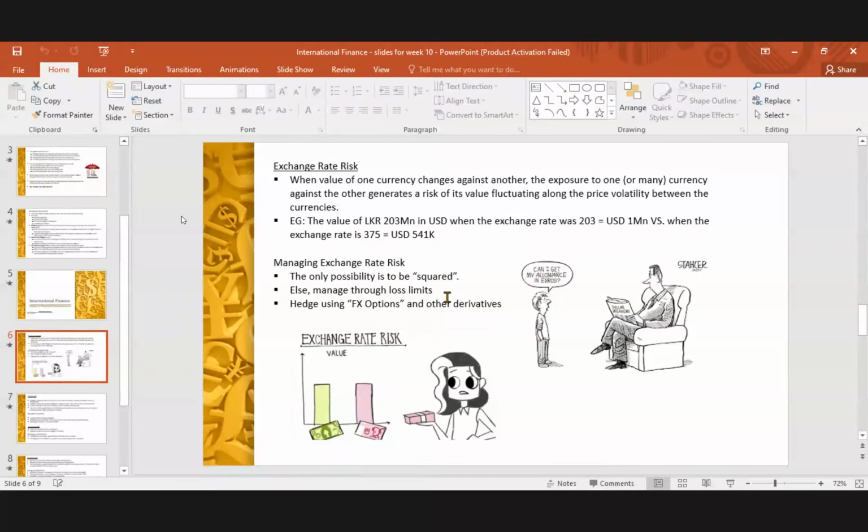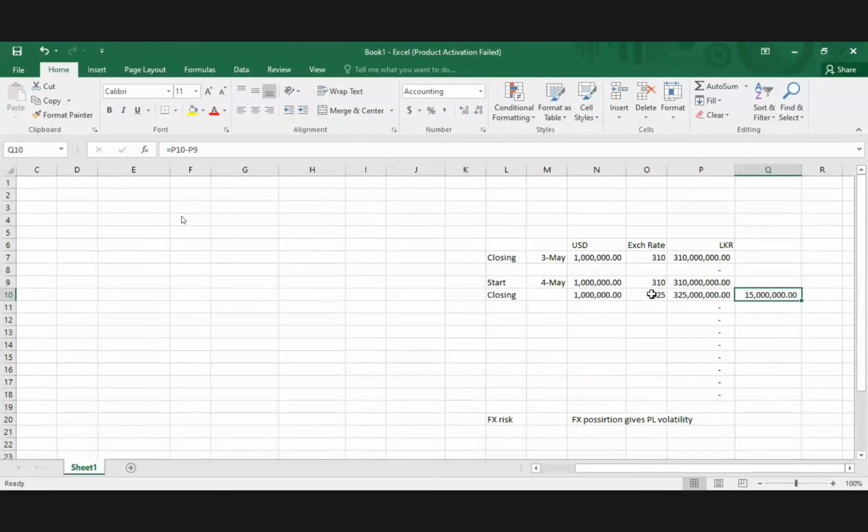Now, I was maintaining a balance of 1 million, and therefore I was exposed to either a 15 million profit or 10 million loss depending on where the currency movement happened.